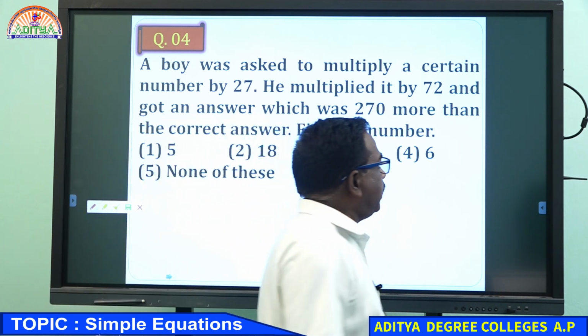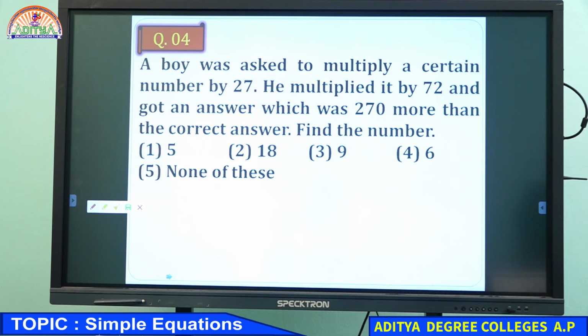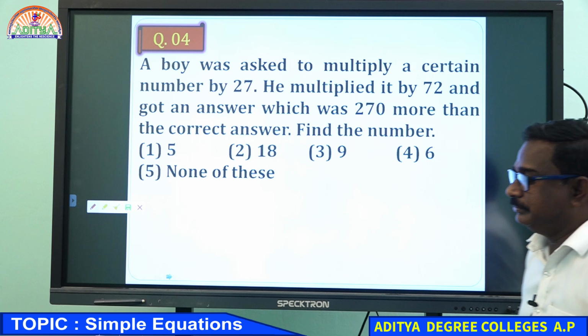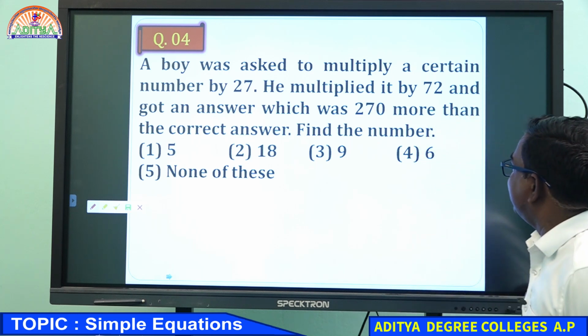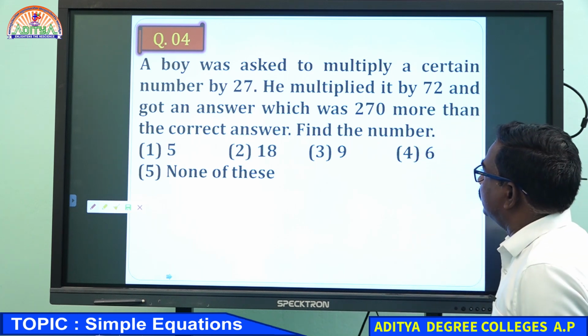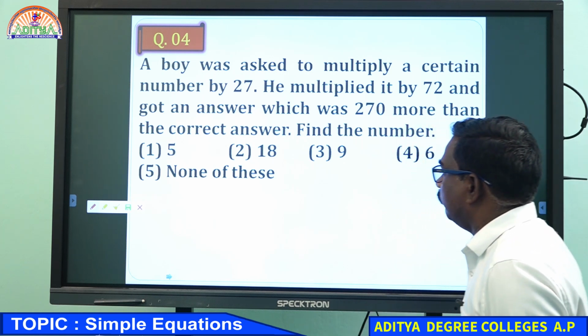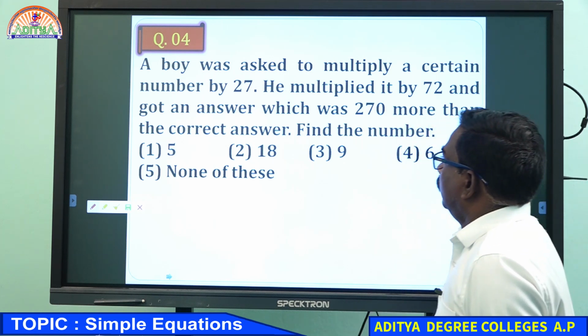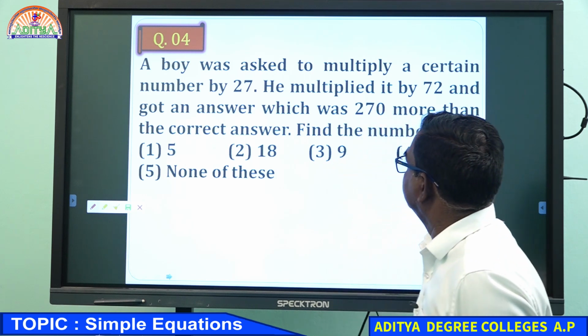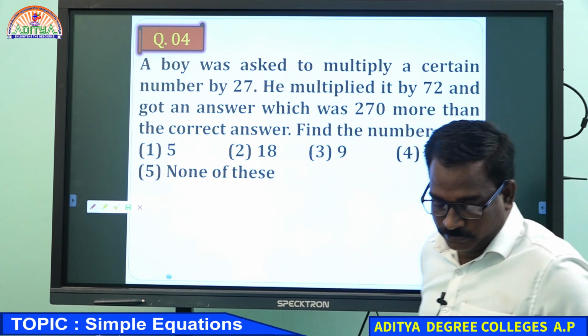Now see the next question. A boy was asked to multiply a certain number by 27. He multiplied it by 72 and got an answer 270 more than the correct answer. Find the number.